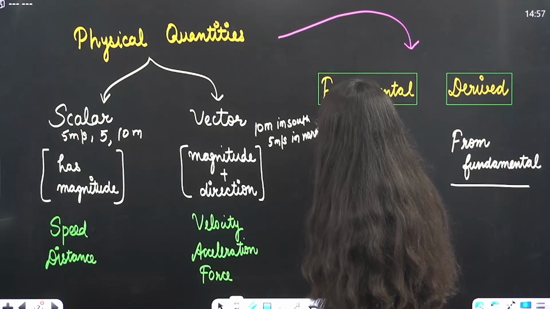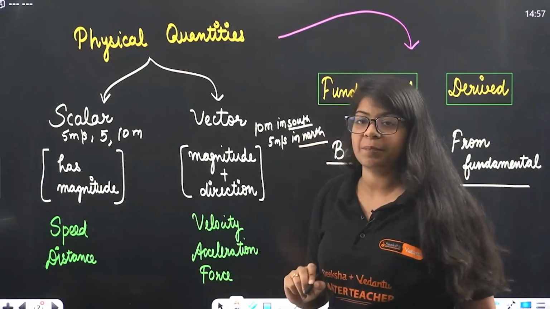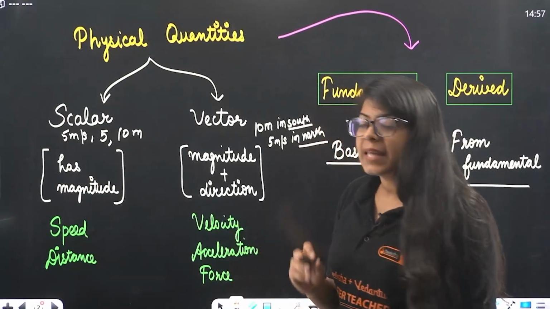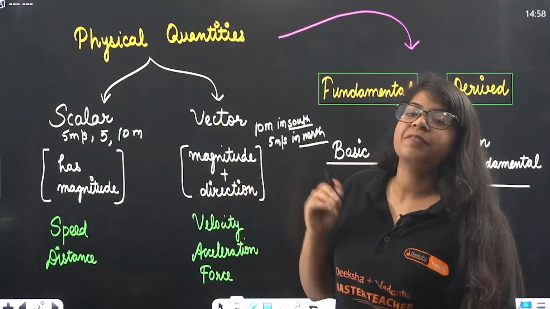They have direction associated with them, and that is why this is called a vector quantity.